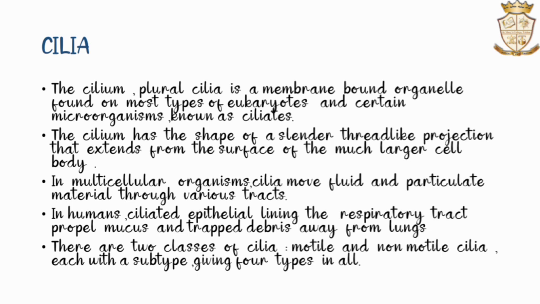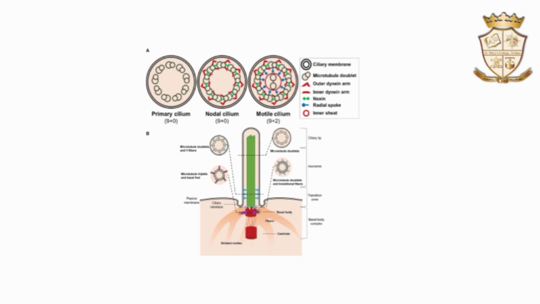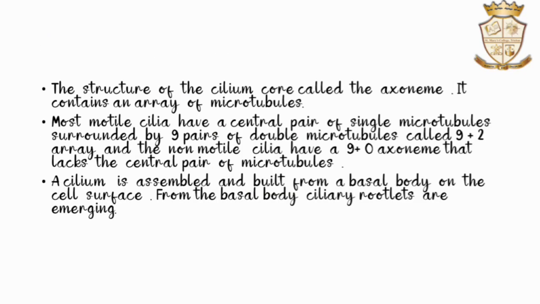There are two classes of cilia, motile and non-motile cilia, each with a subtype, giving four types in all. And this is the picture of cilia. The structure of the cilium core is called the axoneme, and it contains an array of microtubules.